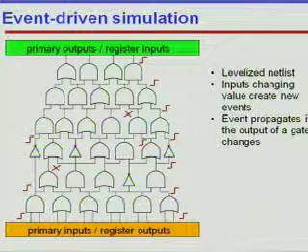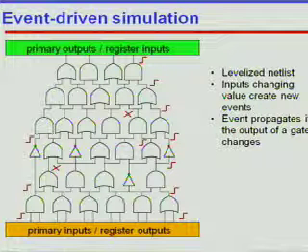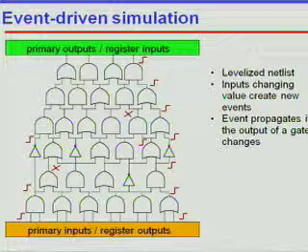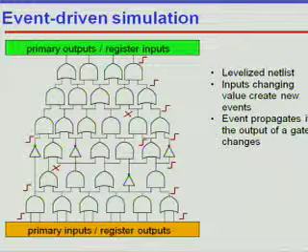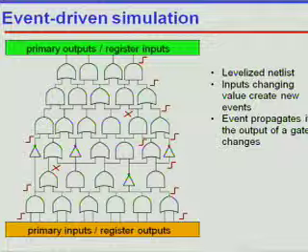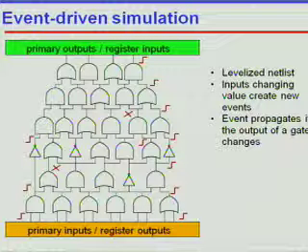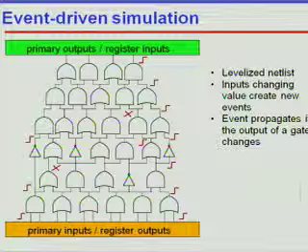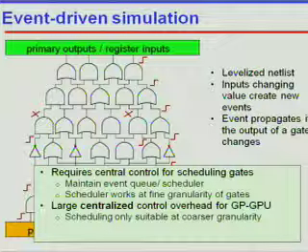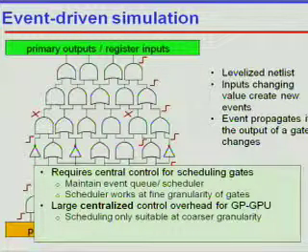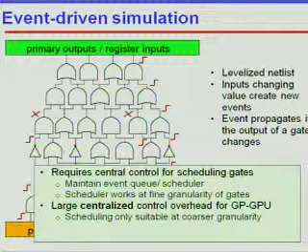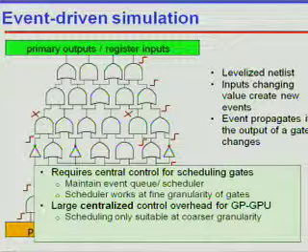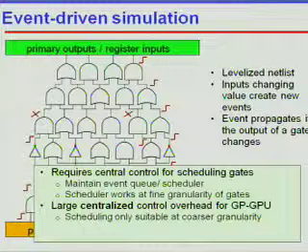Okay, so what is event-driven simulation? It uses a levelized netlist, and the input change value creates new events, and this event propagates if the output of the gate changed. So this requires a central control for scheduling gates, and the scheduler needs to maintain the event queue.